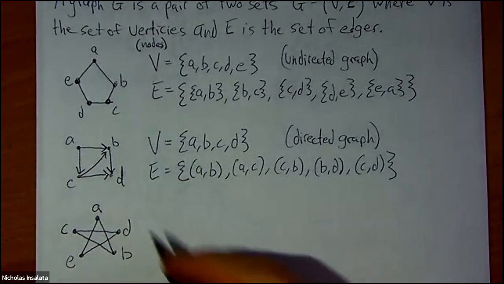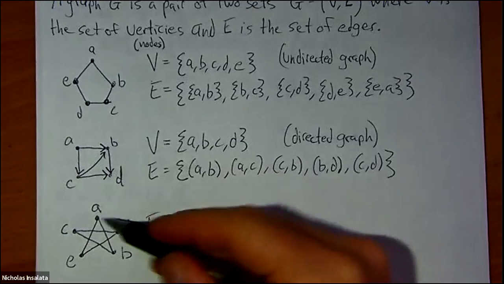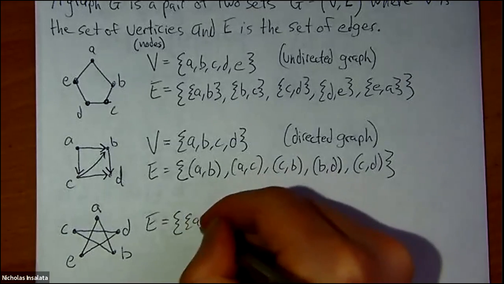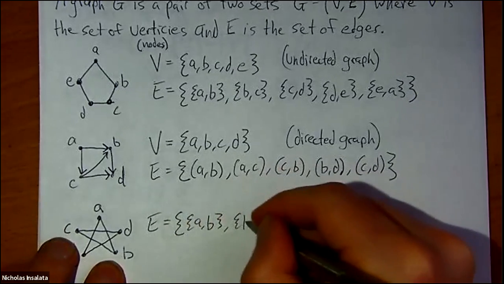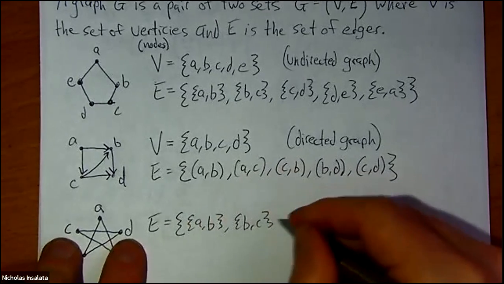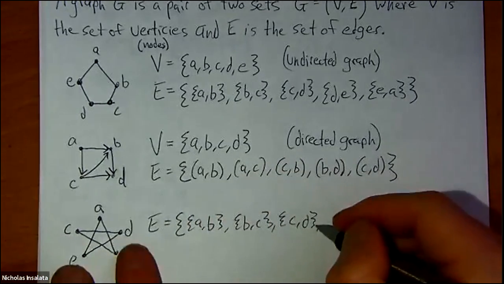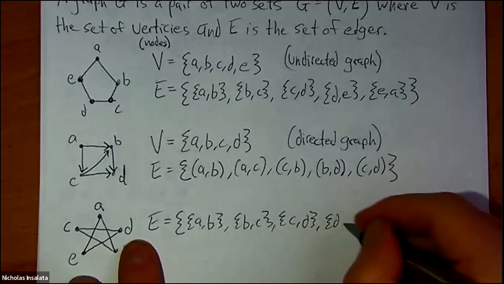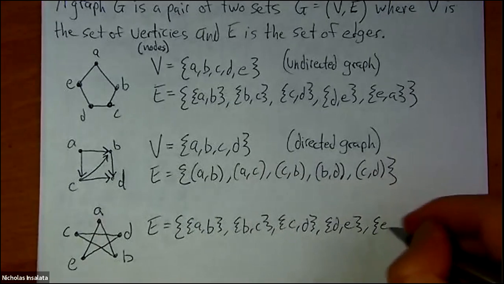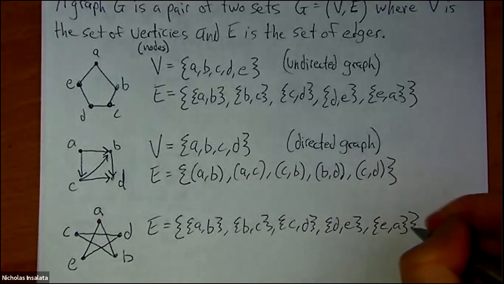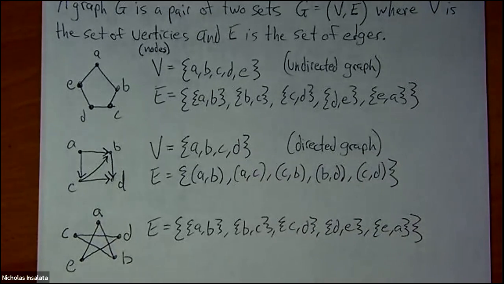And if you go through and create the edge set here, you'll be able to see it's exactly the same as the one before. We have AB, right? A connects to B, B connects to C, C connects to D, D connects to E, and finally E connects to A. And of course, the vertex set is A, B, C, D, E, like above.